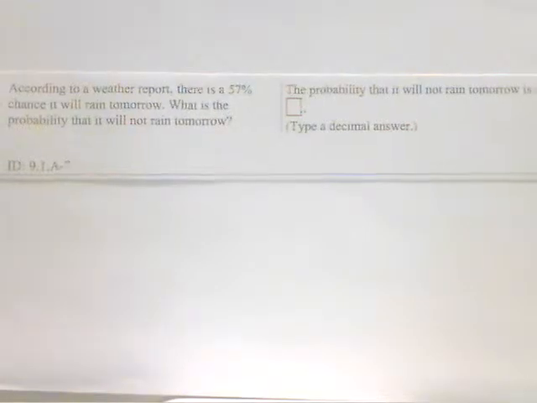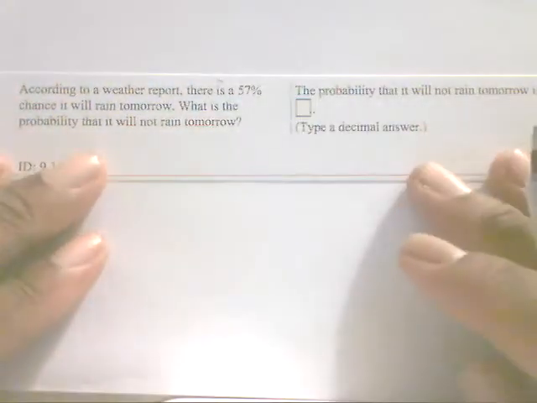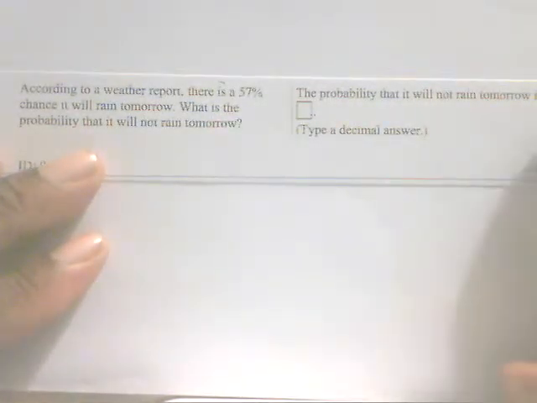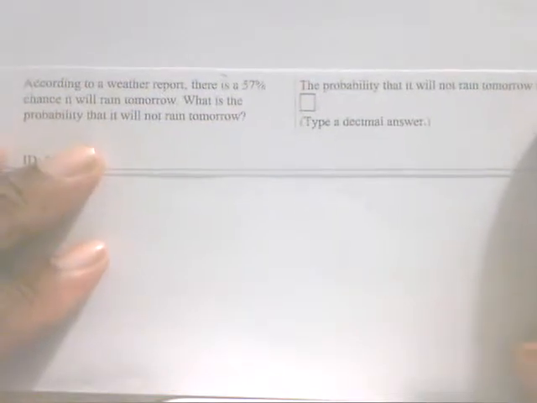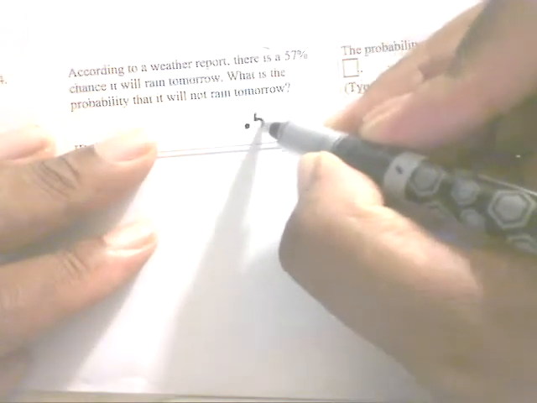This is where we can use the complement here. Now, 57% as a decimal is going to be 0.57. If you recall, you always drop your percent sign and move the decimal point 2 places to the left, or you can drop the percent sign and divide by 100 because percent means per 100. So 57% would be 0.57.